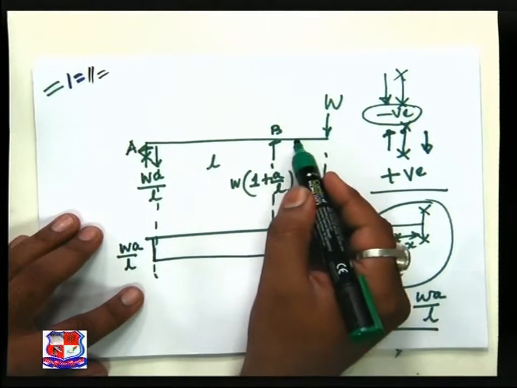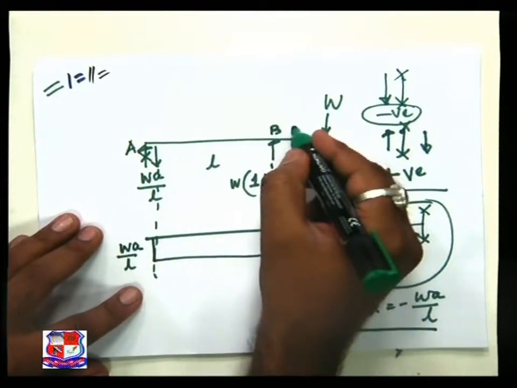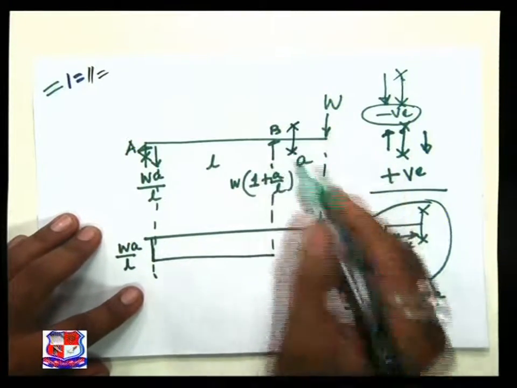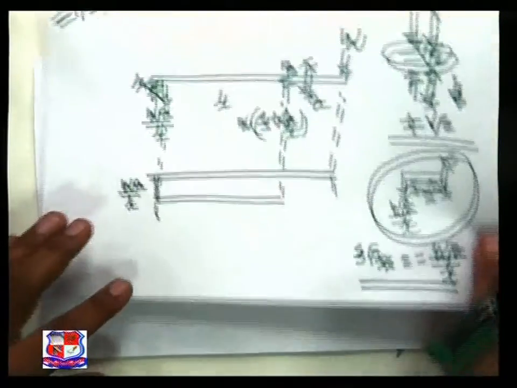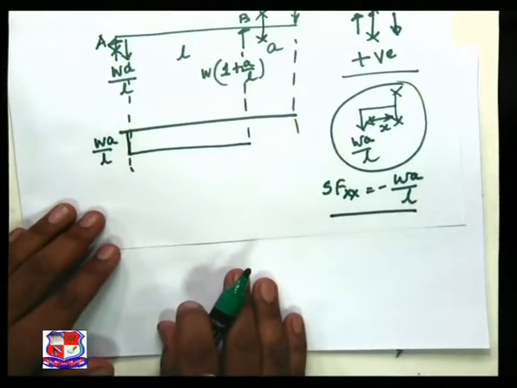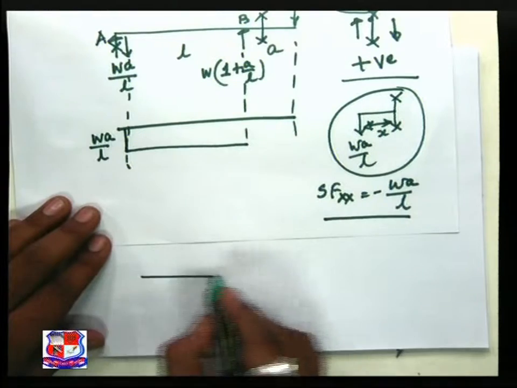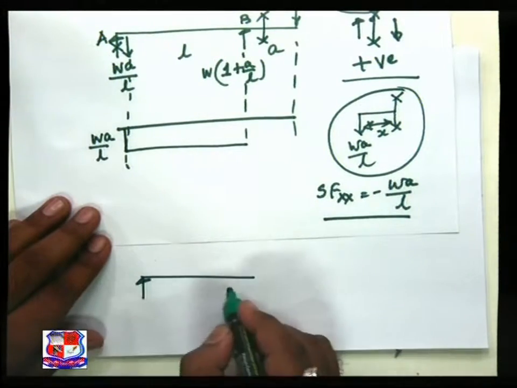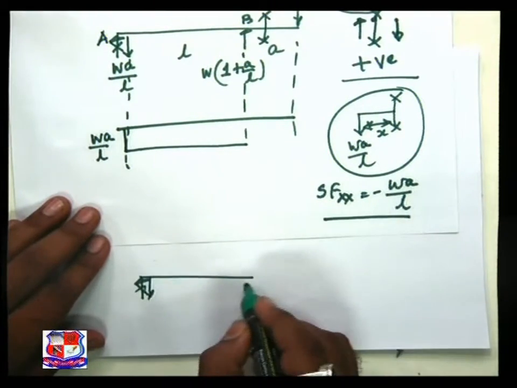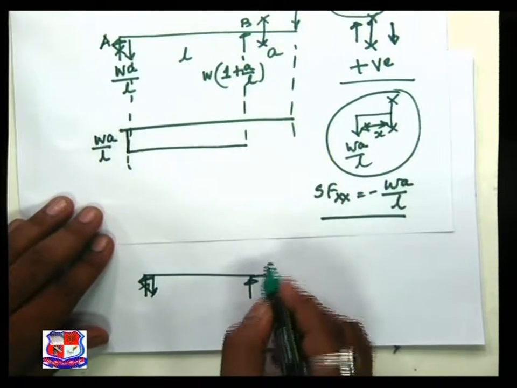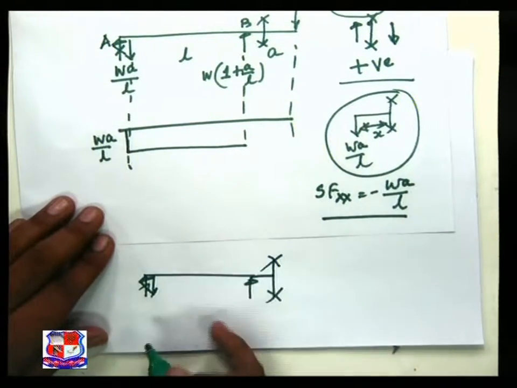When we cross B, we have to take another section over here. So my beam looks like this: one support, this is downward, another support over here, and this is my section xx.